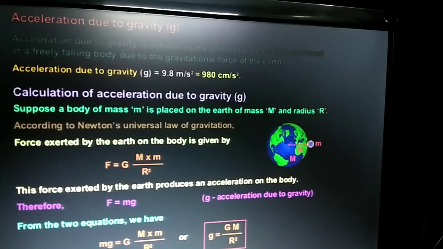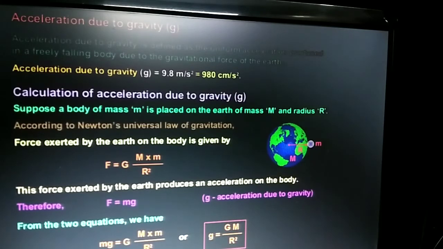if air resistance is neglected. Since this acceleration is produced by the gravitational force of the earth, it is known as acceleration due to the gravitational force of the earth or acceleration due to gravity.